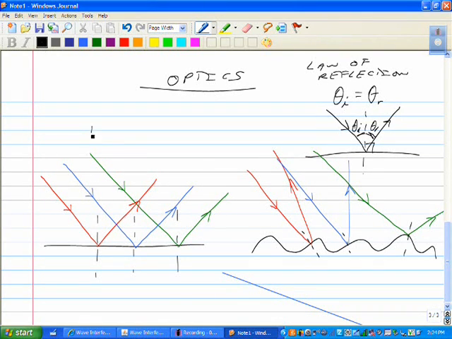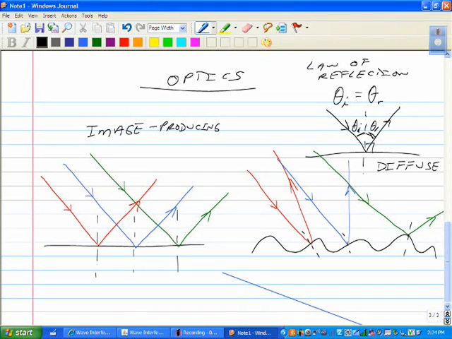The smooth surface will produce what we call an image. This over here is what we call diffuse reflection. It diffuses the rays, doesn't allow them to stay parallel.